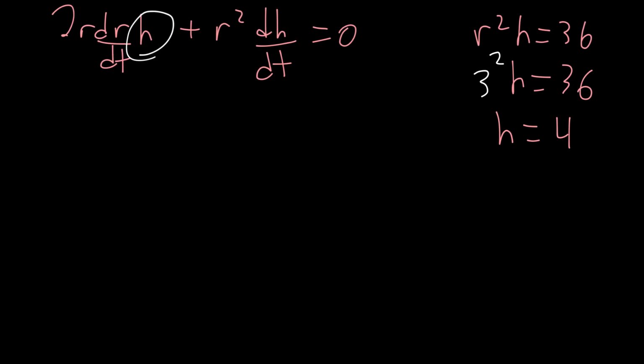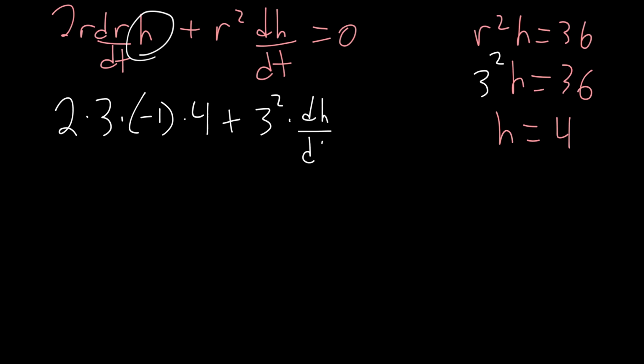Going back to our equation here, we can sub in 2 times 3 times dr/dt, which is decreasing at minus 1, times h, which we just found was 4, plus 3 squared times dh/dt, which is unknown. So now we want to work out all this algebra and isolate for dh/dt.